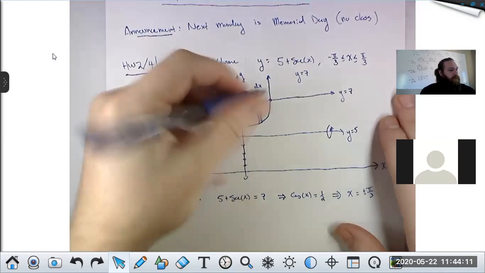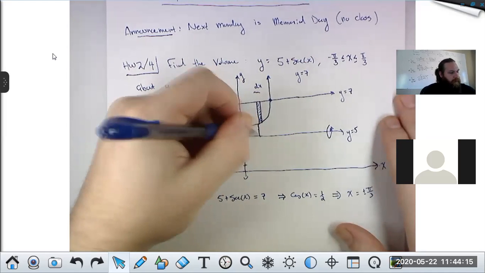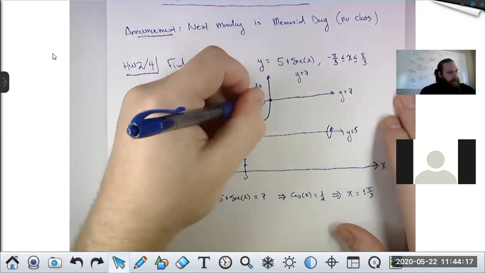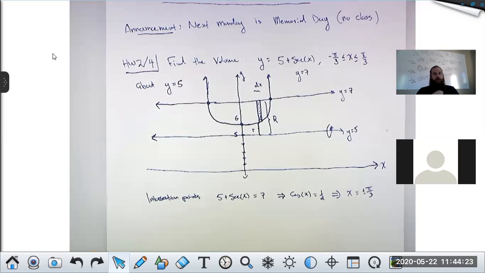And then my two distances, my two radii, here's little r, and here's big R. Little r is the distance from the nearer end of the strip to the axis of rotation, and big R is the distance from the further end of the strip to the axis of rotation. So definitely, in order to get started on this problem, we need a good picture of the graph. Here is a decent little picture of the graph.